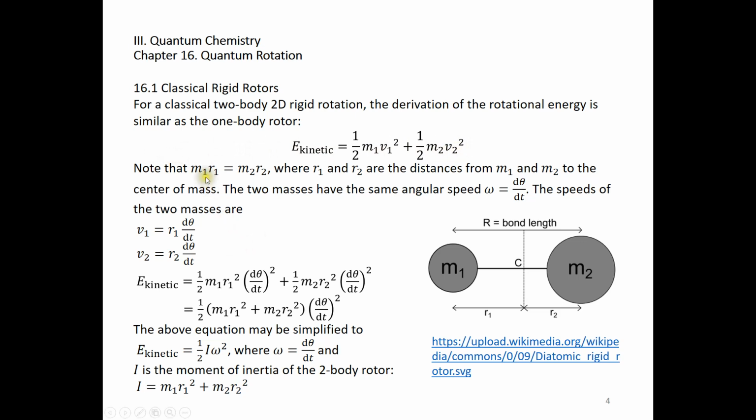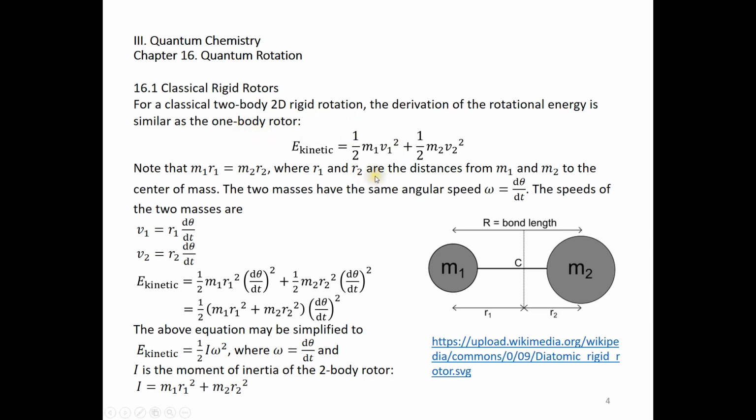Note that m1 r1 should be equal to m2 r2 for a two-body, two-dimensional rigid rotation, assuming there is no other motion.